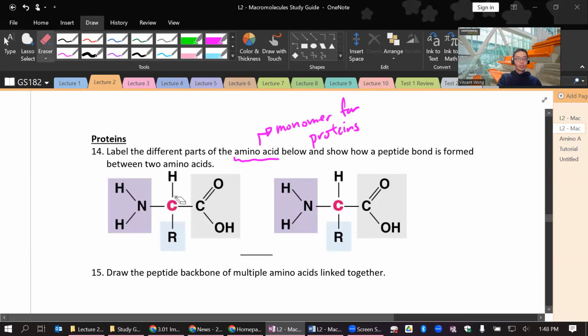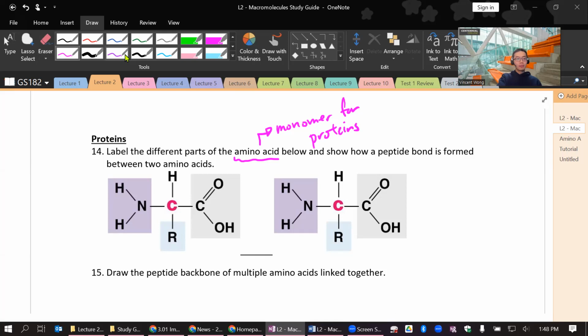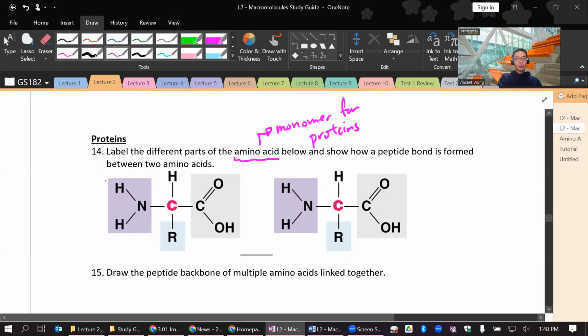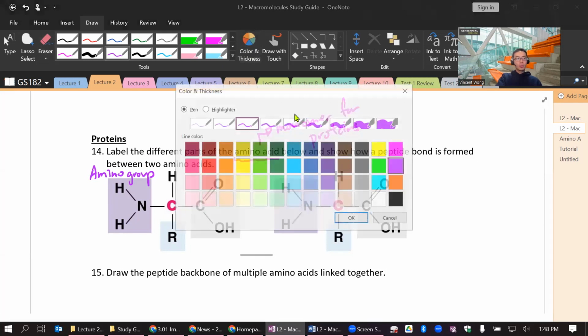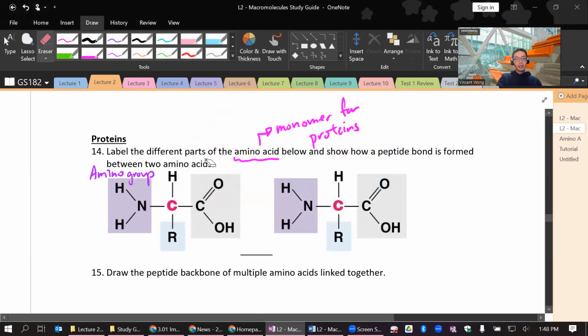There is a central carbon atom in all of them. The NH2 here is called an amino group. And over here, we have what's called the carboxyl group, carboxylic acid. And then we have a side chain down at the bottom.